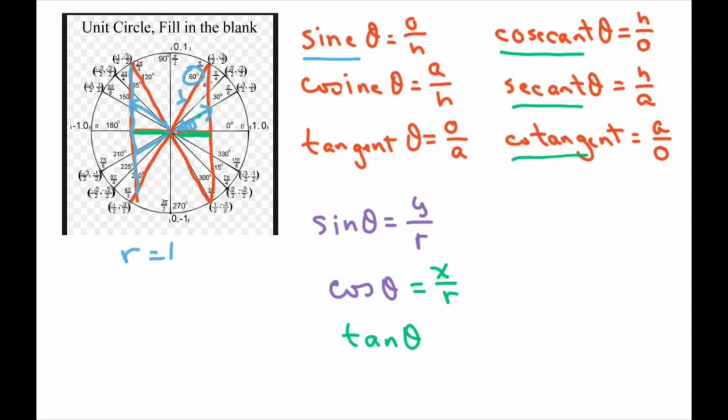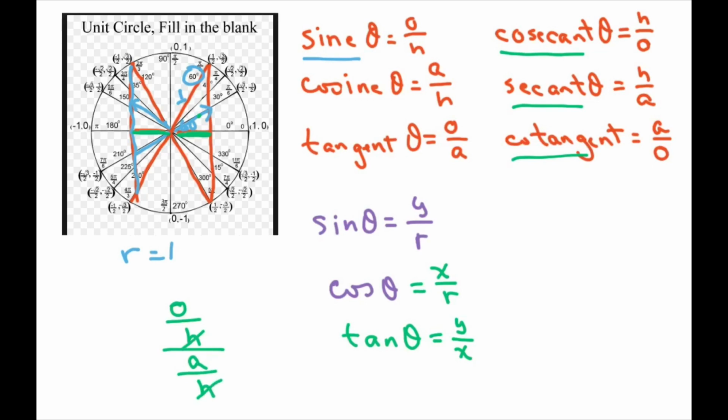Tangent is opposite over adjacent, so opposite is y and adjacent is x. Or you could write it as opposite over hypotenuse divided by adjacent over hypotenuse, and those cancel.